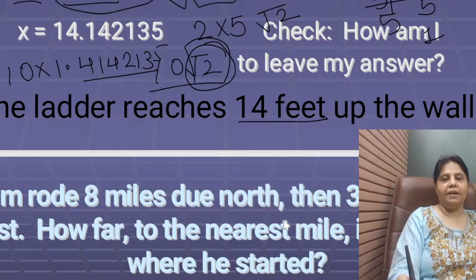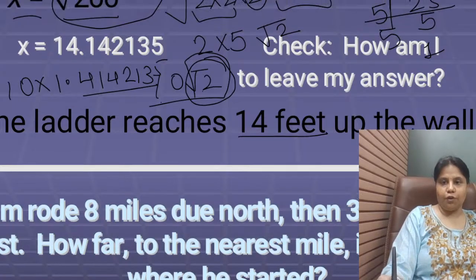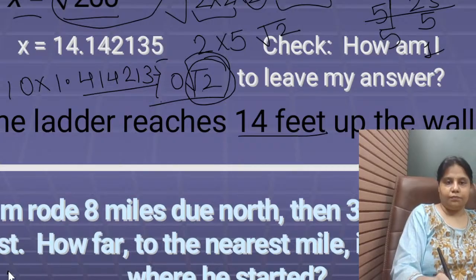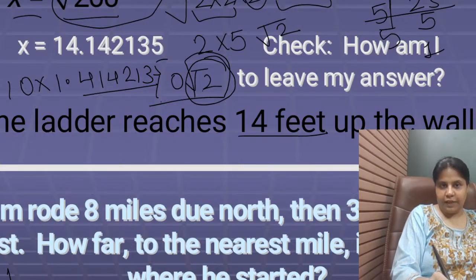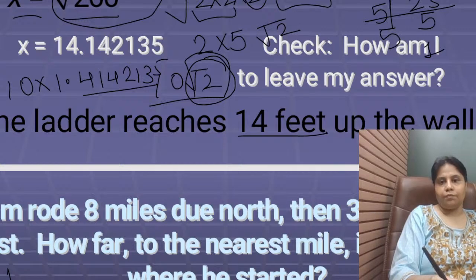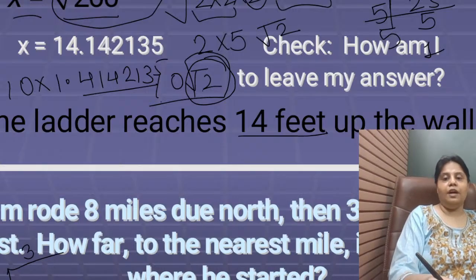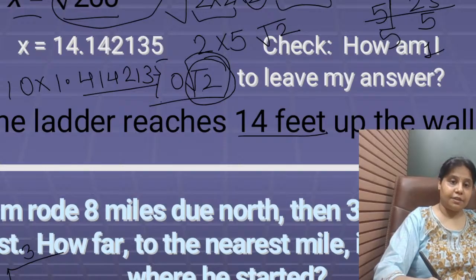Tim rode 8 miles due north. This is north, 8 miles. Then 3 miles due east. That will be 3 miles due east.